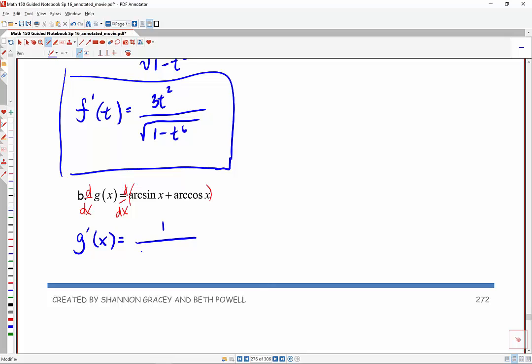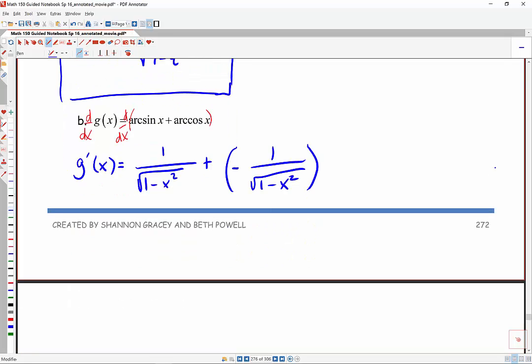So that's the derivative with respect to x of arc sine at x. And then the next one is negative 1 over the square root of 1 minus x squared. So at the end of the day, what do we get? We get g prime at x is 0.